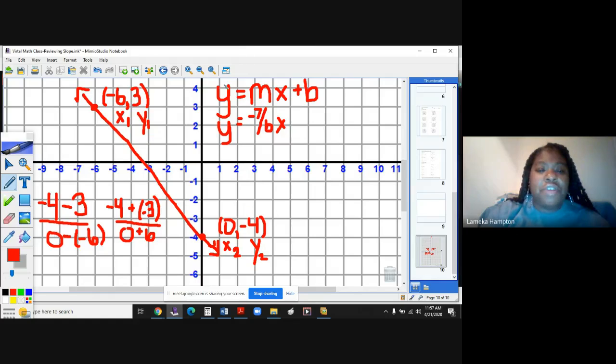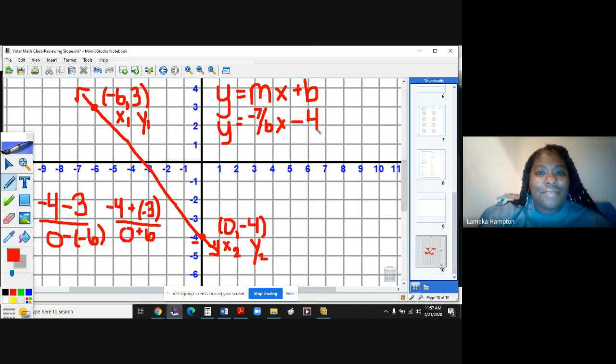If it crosses up here at the top, you know you have a positive y-intercept. If it crosses down here at the bottom, you know you have a negative y-intercept, okay? Now, with that being said, the line crosses at -4. So my y-intercept is going to be -4. So now I have just found the equation of my line, which is -7 over 6x minus 4, okay?